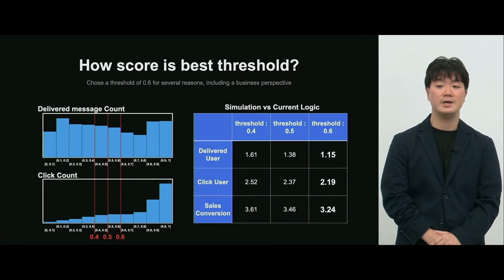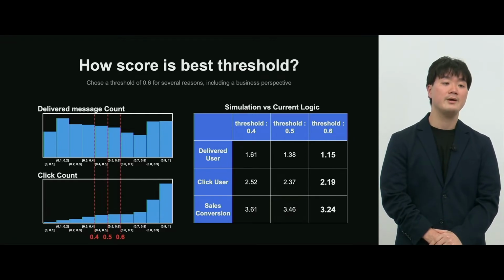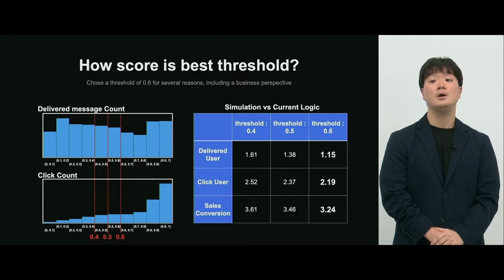For both of them, the horizontal axis corresponds to the OS score, and in the middle, there are red lines. Under that there is a figure, and there's a threshold, the red baseline drawn right in the middle. So these are the numbers delivered and the clicks obtained that you see here.